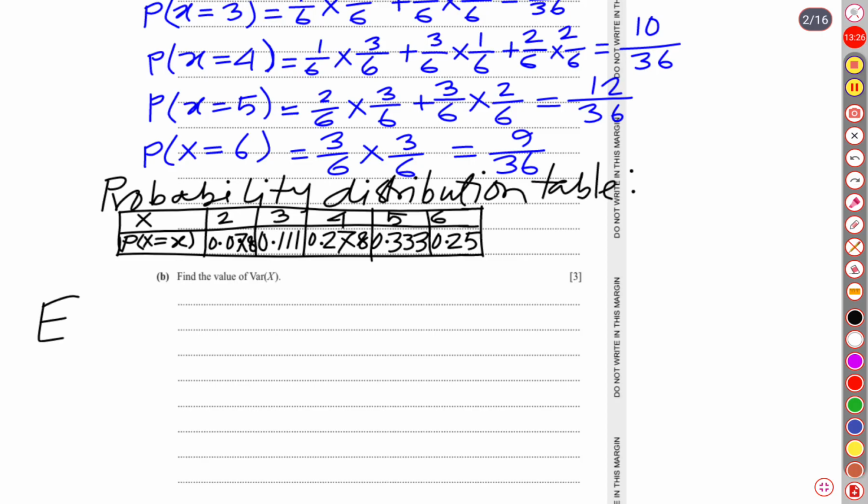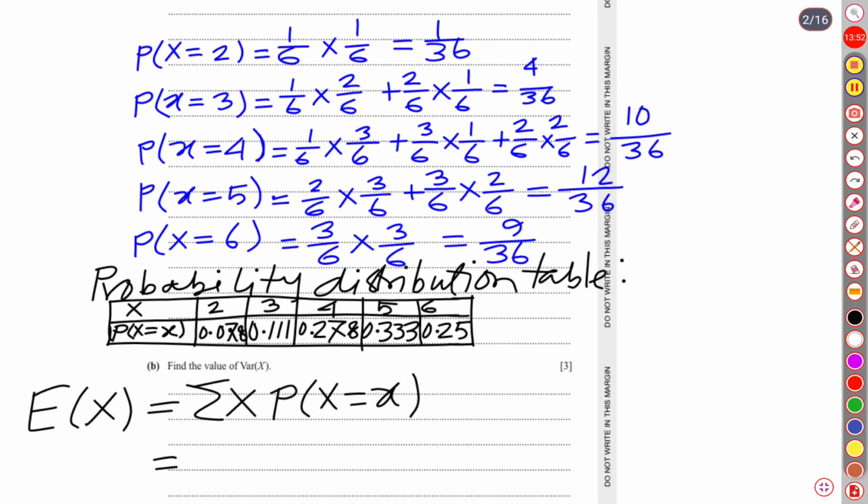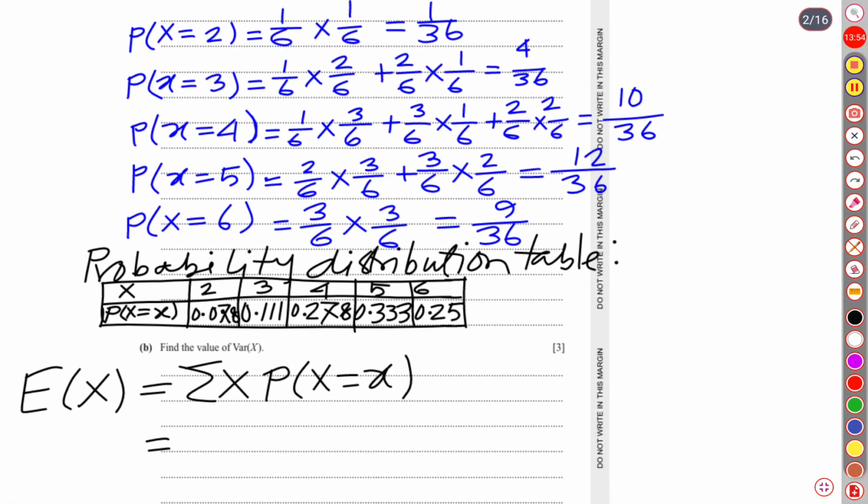The mean is the summation of x into the probability of each of the cases. Let us find the sum. What was the first score? First it was 1 over 36. If we multiply, x was 2.